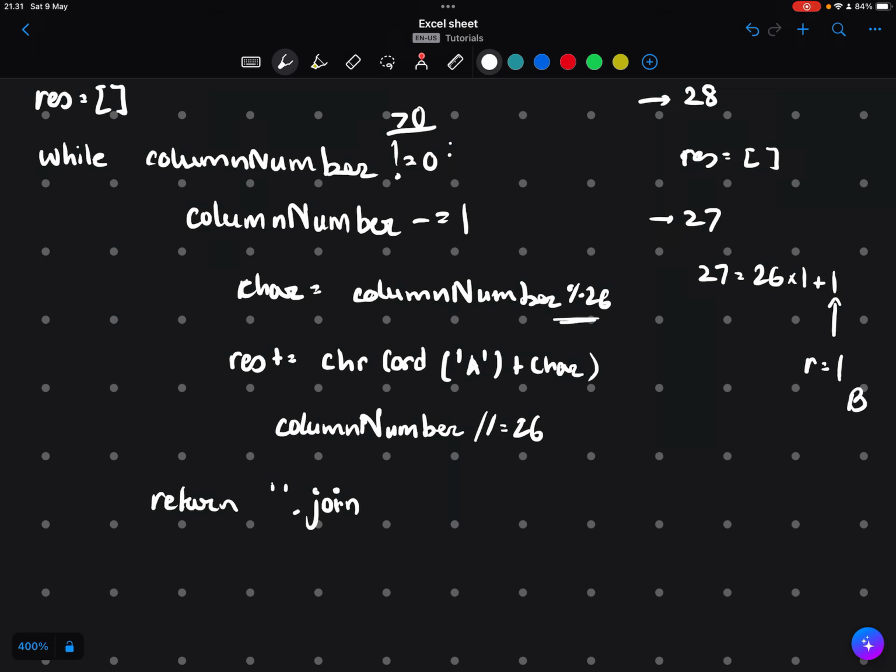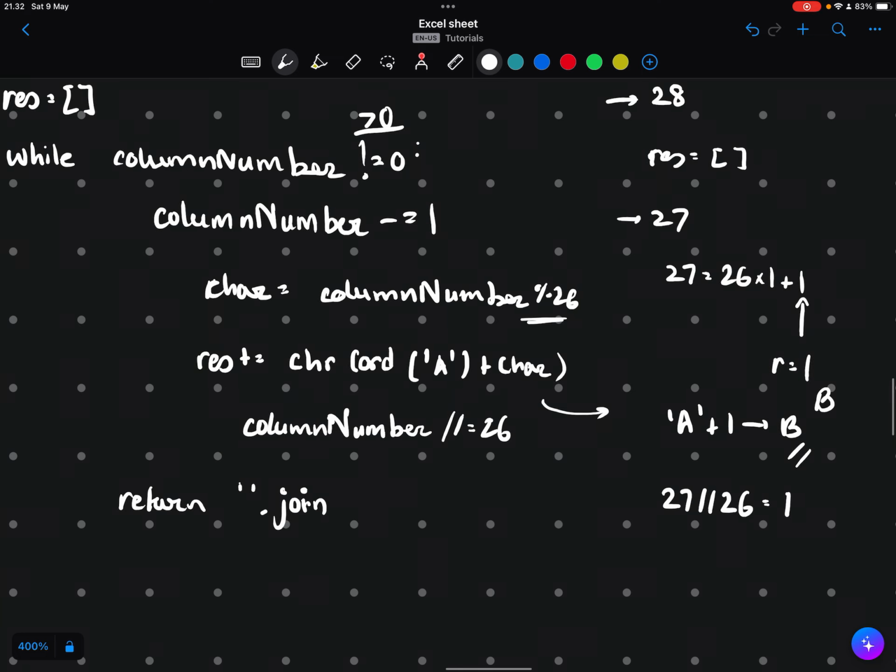Now you'll get what I mean when we do this. You have your A, then you take 1 ahead of it. That comes out to be B. That's just simple maths. After that, 27 divided by 26 gives us 1.